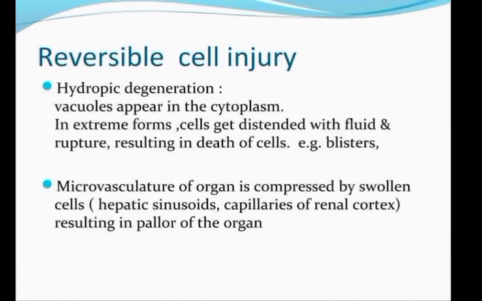There will be hydropic degeneration. Vacuoles will appear in the cytoplasm. In extreme form, cells will get distended with fluid and rupture, resulting in the death of the cells. Microvasculature of the organ is compromised by swollen cells, like hepatic sinusoids and capillaries, which results in pallor of the organ.